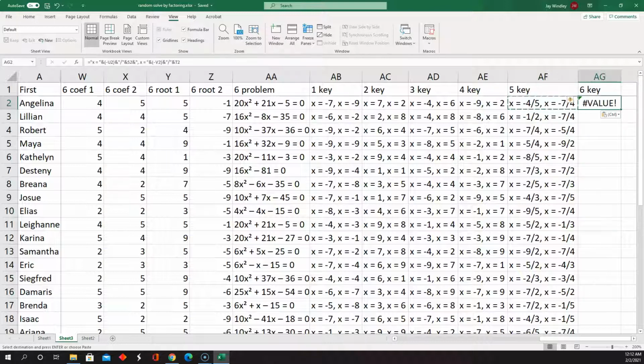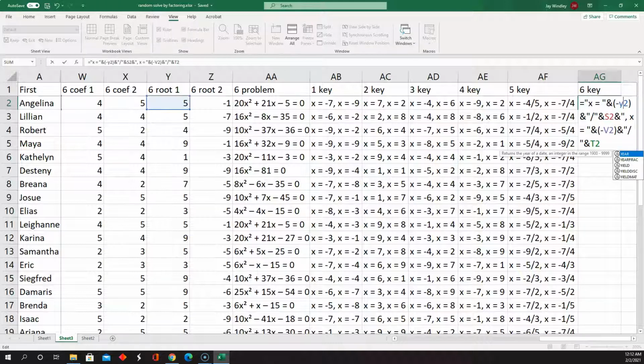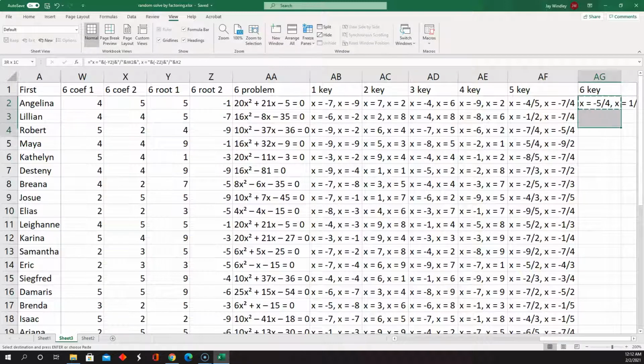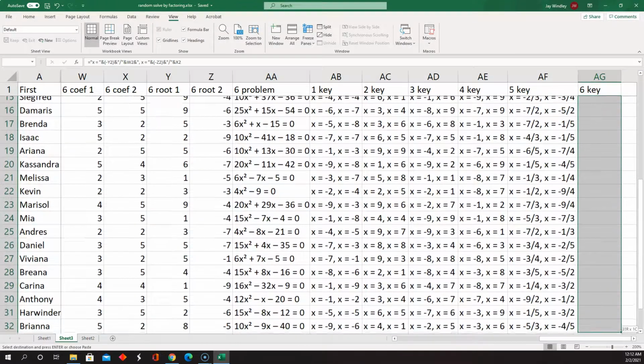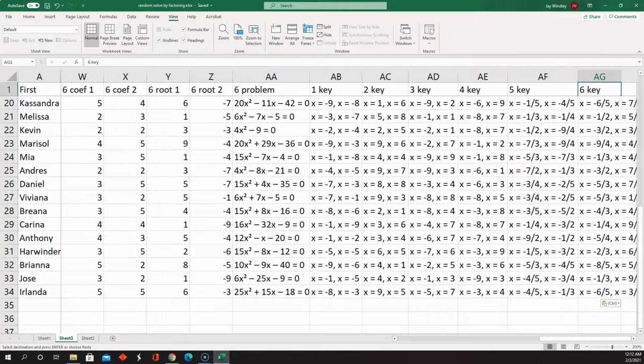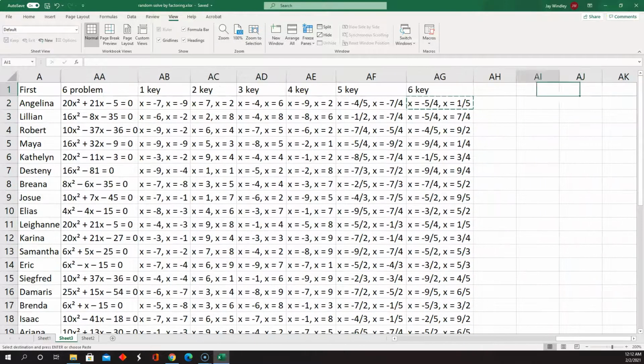We're going to copy this, but 6 is the negative of y2 divided by w2, and then the negative of z2 divided by x2. So now I have an answer key for everyone's test.